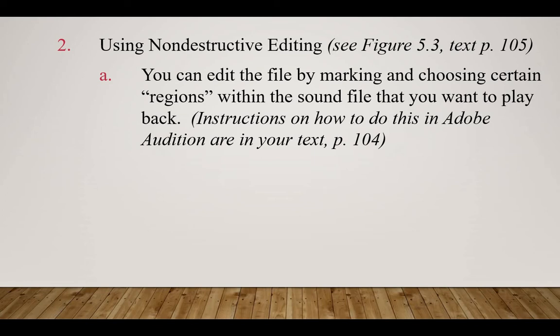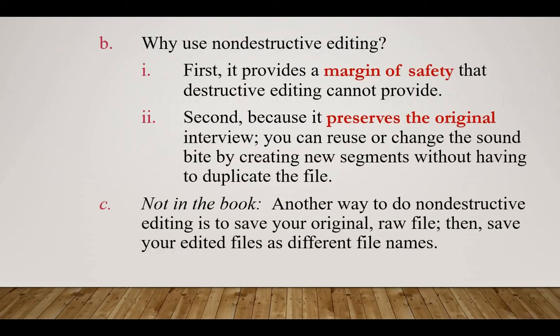So in the previous example, if we have a file called test.wav and we make edits to it, save your new file as something different, like test revision 1 or test edit 1 or something like that. Give it a different file name so that you still have the original file if you need it, but you also have saved the edits that you made with the creation of a new file with a new name.